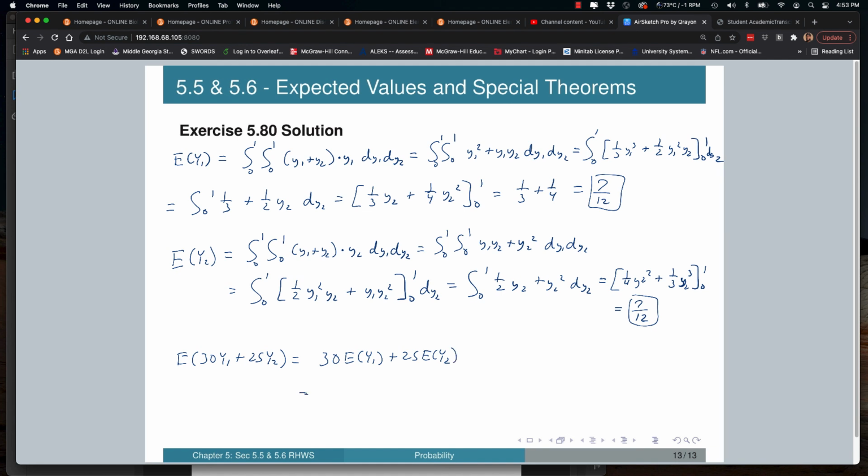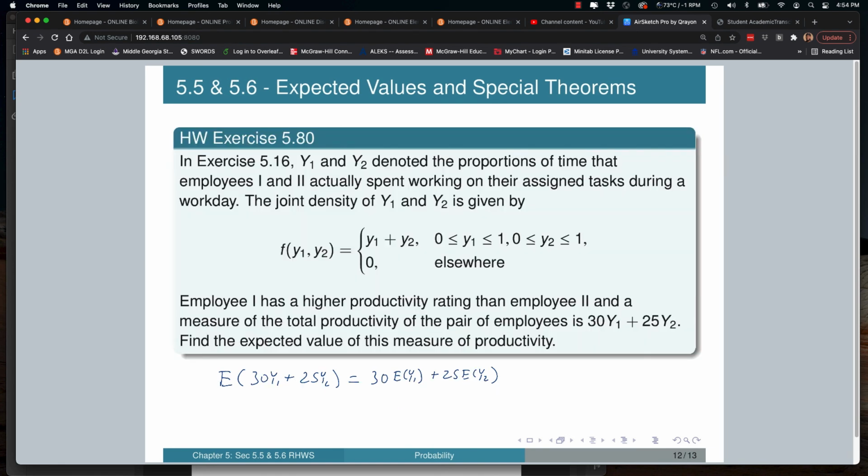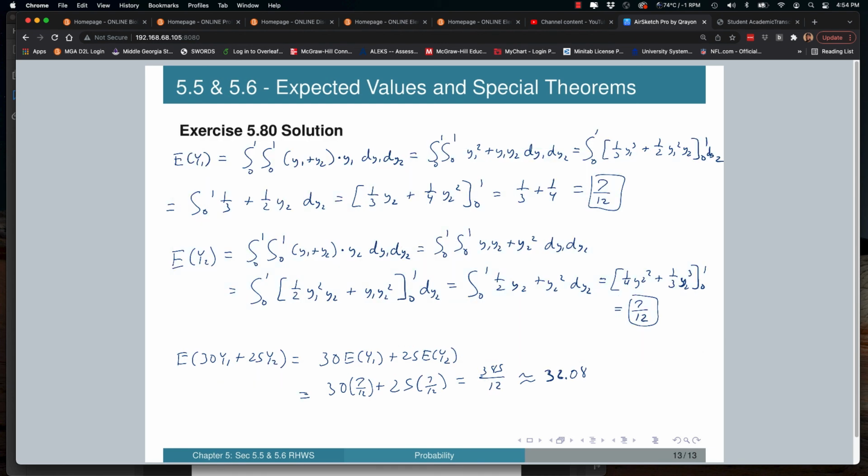And so we end up getting 30 times 7/12 plus 25 times 7/12, which should give us 385 over 12, or approximately 32.08, whatever their productivity rating is. I don't know if this is a percentage or what. They didn't really tell us that in the problem, they just said that the total productivity of the pair is this. So I don't know if that's supposed to represent a percentage or not, so we'll just say units.